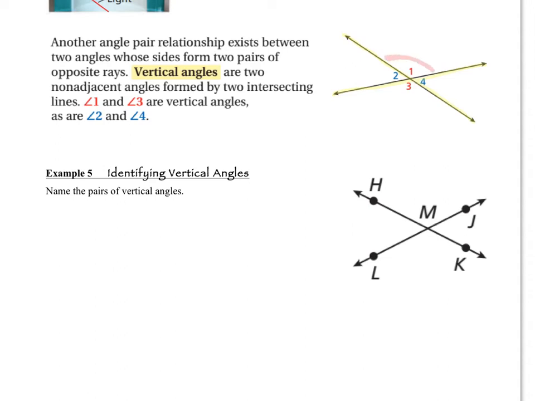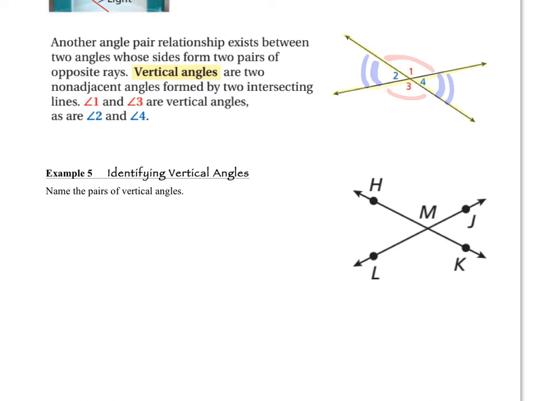So we have angle 1 congruent to angle 3, and we have angle 2 congruent to angle 4. So we know that we use arc marks to indicate congruence. I'm going to go ahead and put 2 arc marks there so that you can see which ones are vertical angles and therefore congruent to one another.